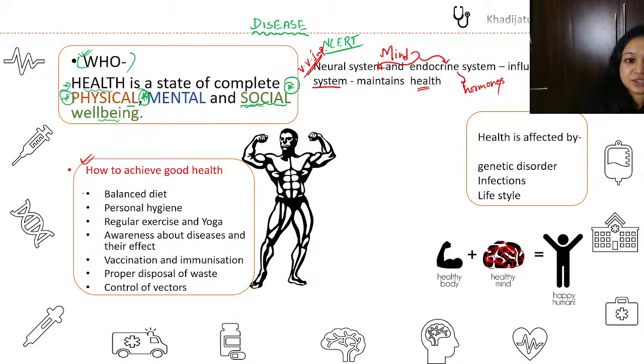It says that we need to have a balanced diet, personal hygiene, regular exercise and yoga, and awareness about diseases and their effects. So when you become doctors, it's a request from my end: you will be allotted to rural areas in your internship. Okay.